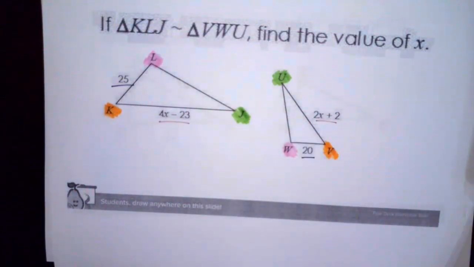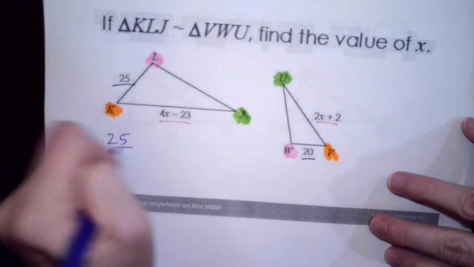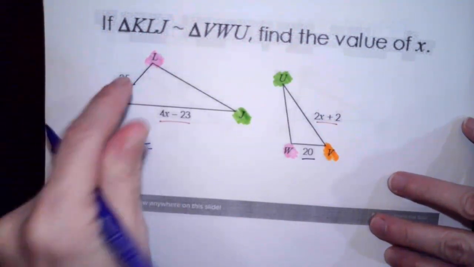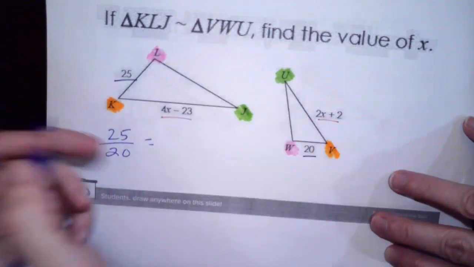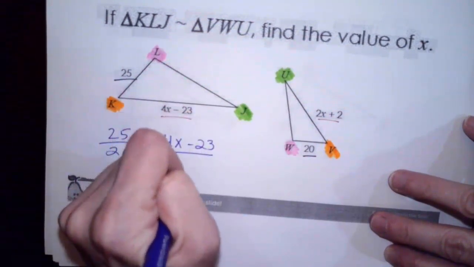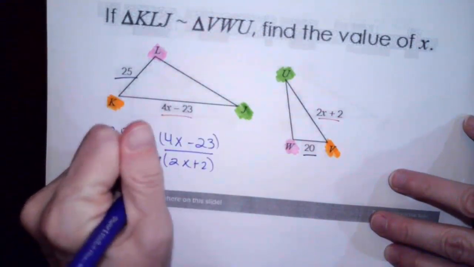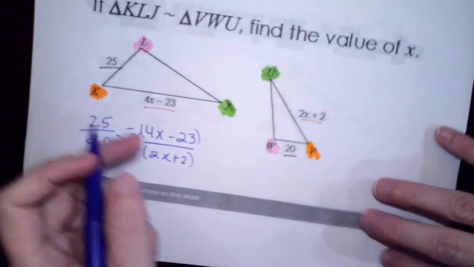So if I were to set up a proportion here, I would say 25 over 20. I went left to right, so I have to go left to right again. 4x minus 23 over 2x plus 2, and we can't forget our parentheses, and then cross multiply.